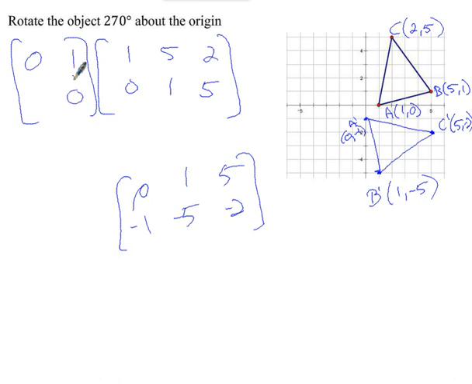Zeros here and here, ones here and here, but the negative 1 has to be on the bottom because we're changing the sign on the bottom row. The Y coordinates change sign. That's it. That's your rotation matrix for 270 degrees.